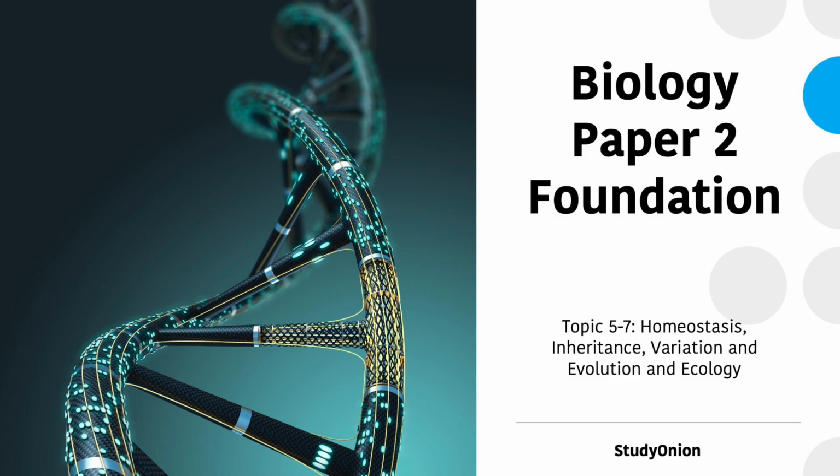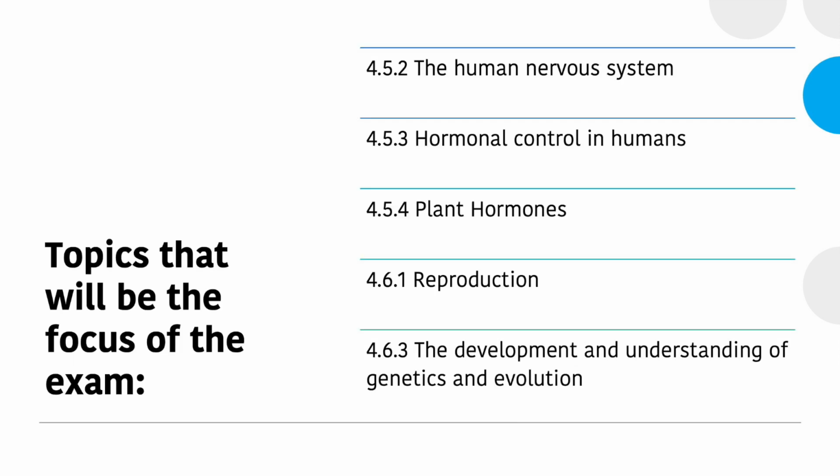Let's move on to paper 2 now, staying with foundation. And this paper covers topic 5, homeostasis, topic 6, inheritance, variation and evolution, and topic 7, ecology. So again with paper 2, the exam board have given you 5 topics which are your key focuses for paper 2.